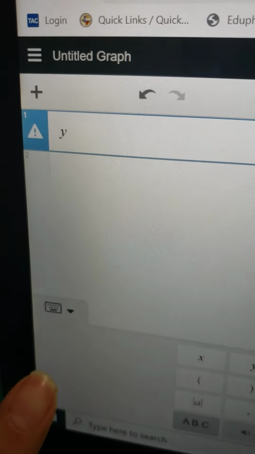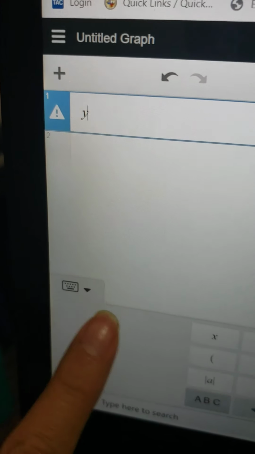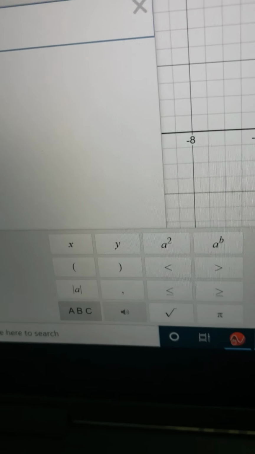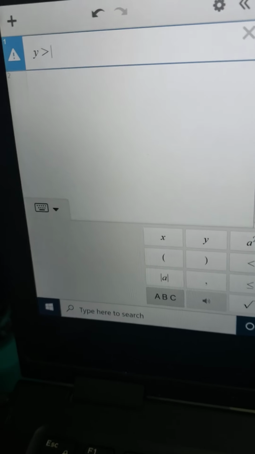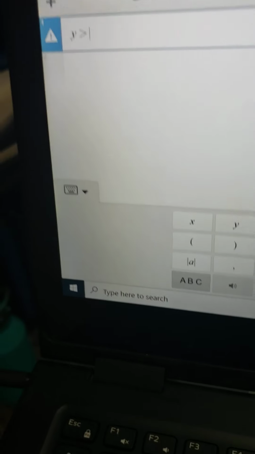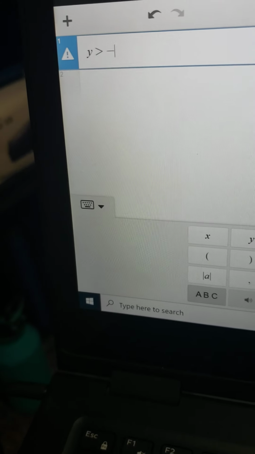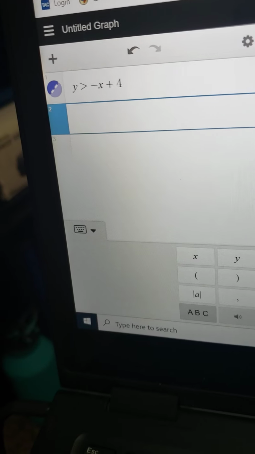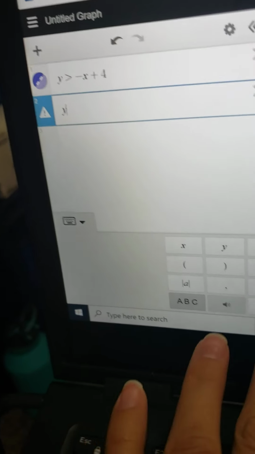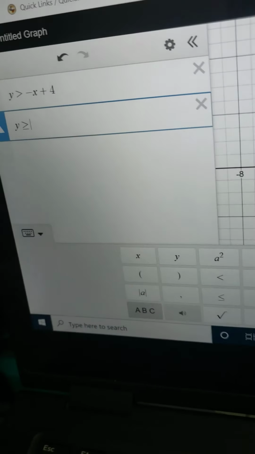Now, to check your answer, you can always go to the Desmos online graphing calculator, and you're going to type y, and then you click where the keyboard is, and then you put is greater than. Then you type in the rest of the equation, negative x plus 4, enter, and you get a new equation.